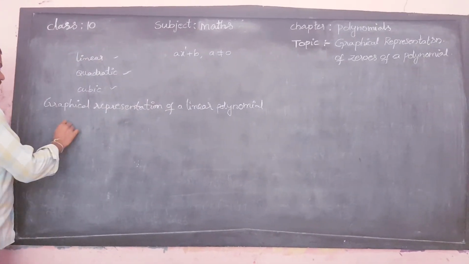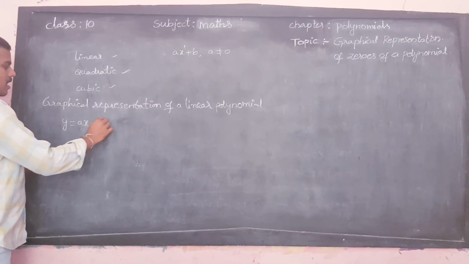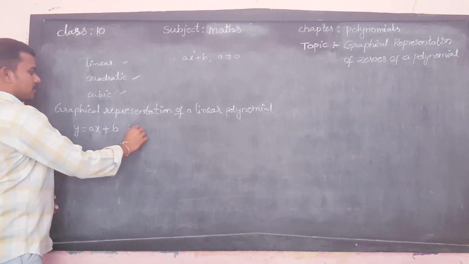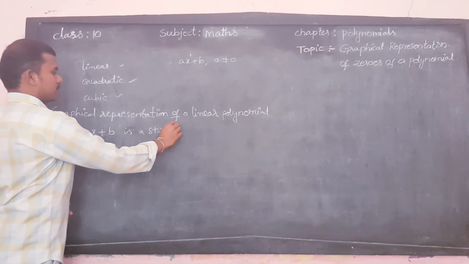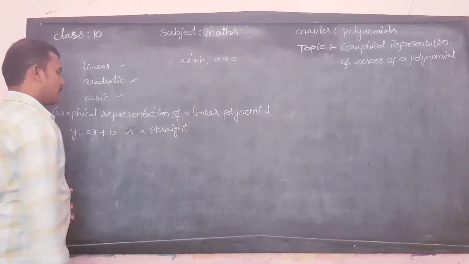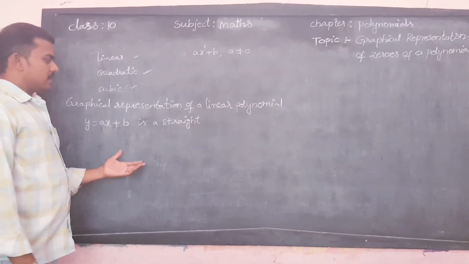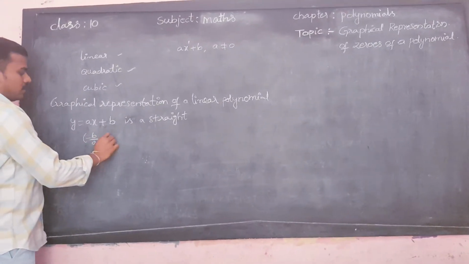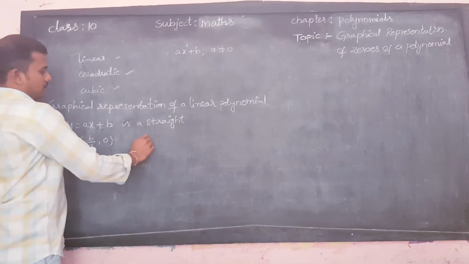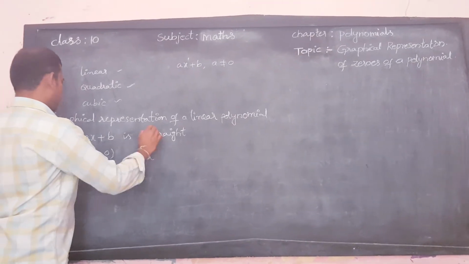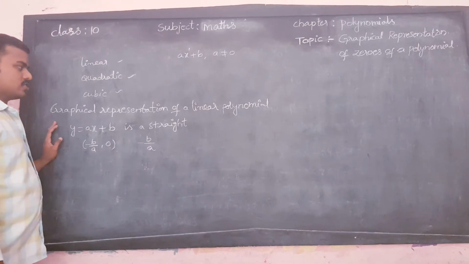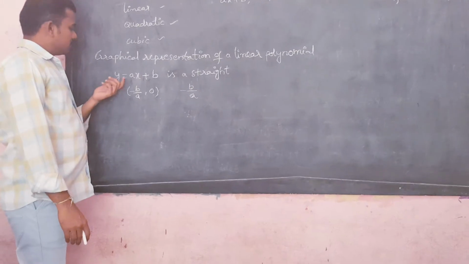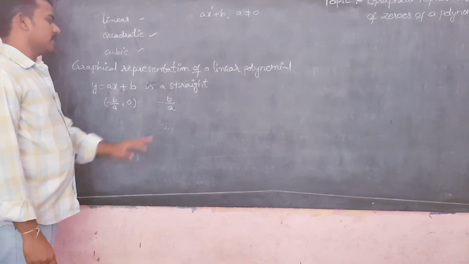So y is equal to ax plus b. The graph of y equals ax plus b is a straight line.